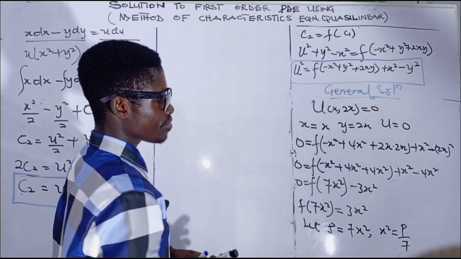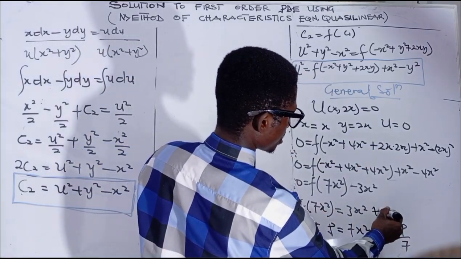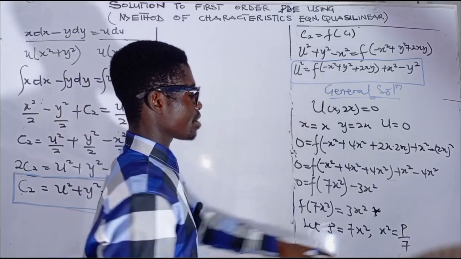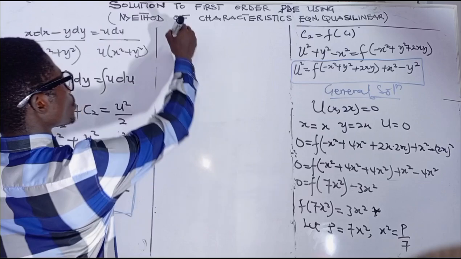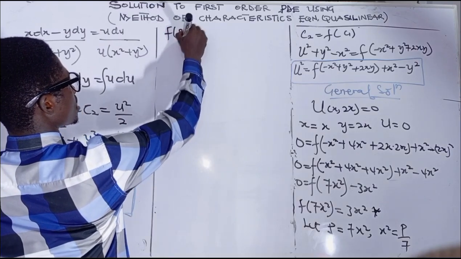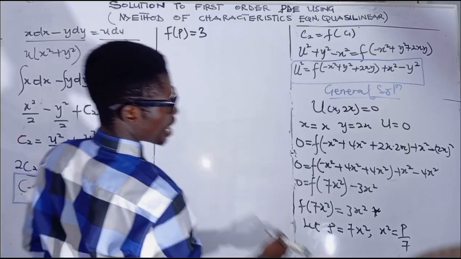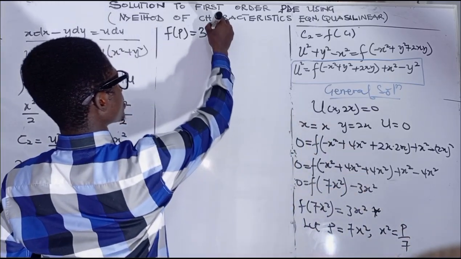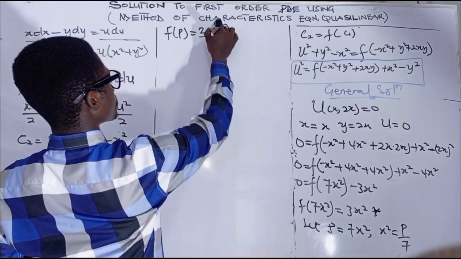So wherever we see 7x squared in this equation, we plug in p, and wherever we see x squared, we plug in p over 7. So we have f of p is equal to 3, which is there already, but our x squared is equal to p over 7. So we have p all over 7.